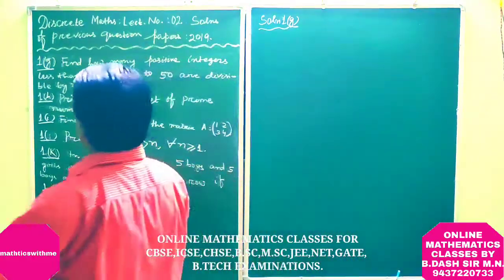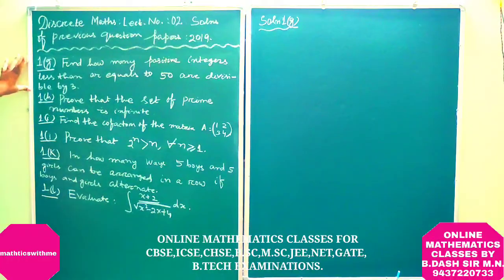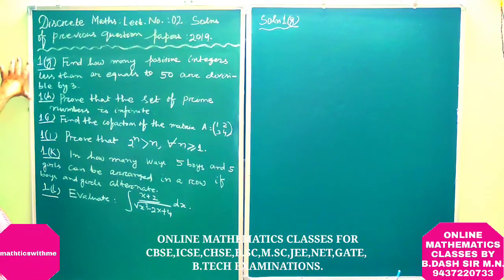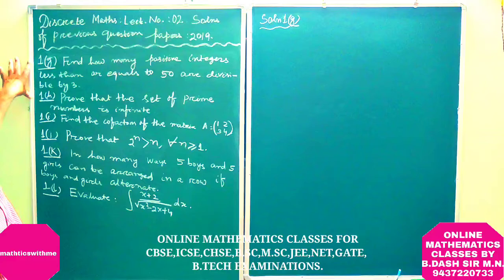Here the question is 1G. Find how many positive integers less than or equal to 50 are divisible by 3.